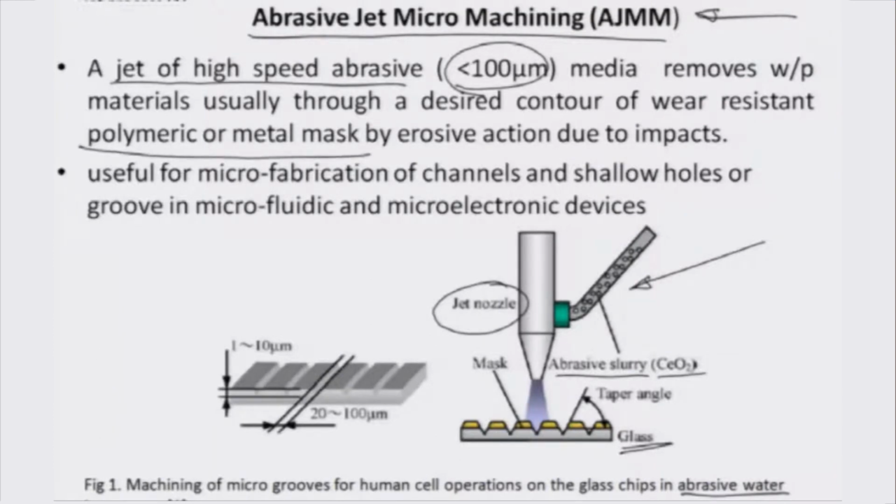By the erosive action due to the impact of the particles suspended in the slurry, whatever is there on the masking surface made of metal or polymer gets embedded onto the surface of the glass. For example, you can see these micro grooves machined on this substrate, and the basic feature size is about 20 to 100 micrometer spacing between these two walls, as illustrated in this diagram.